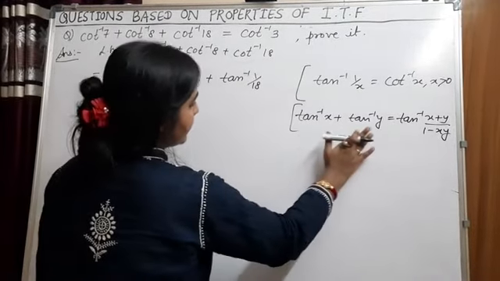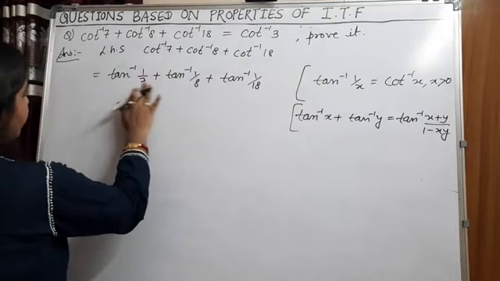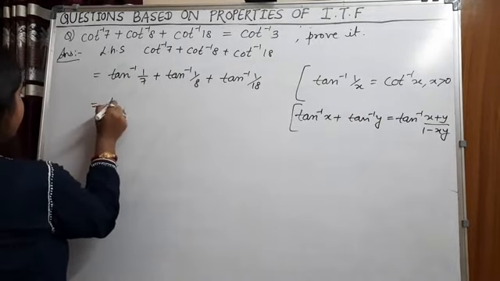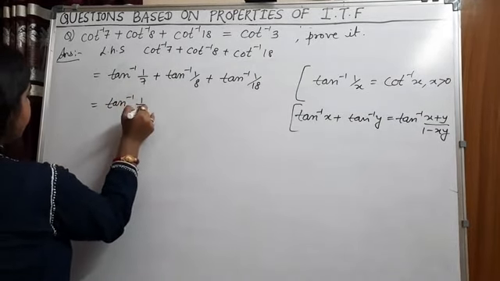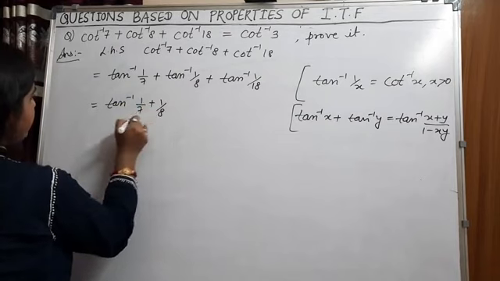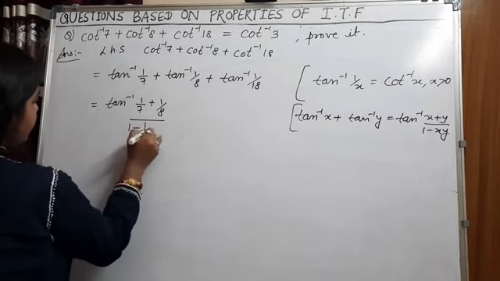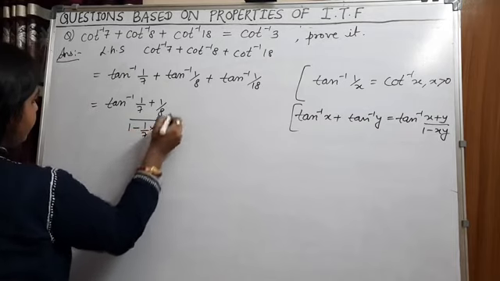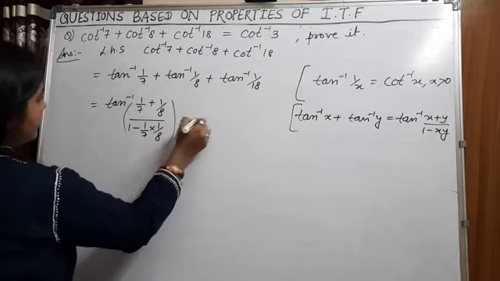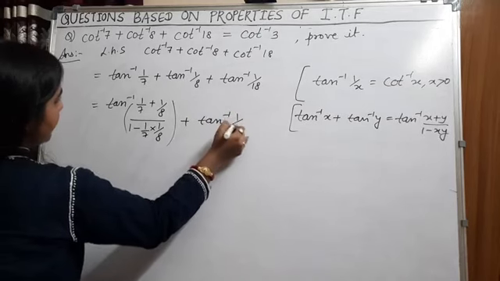This is tan inverse x plus tan inverse y. So we will take the first two. So here it is tan inverse of 1 by 7 plus 1 by 8, by 1 minus 1 by 7 into 1 by 8, plus tan inverse 1 by 18.